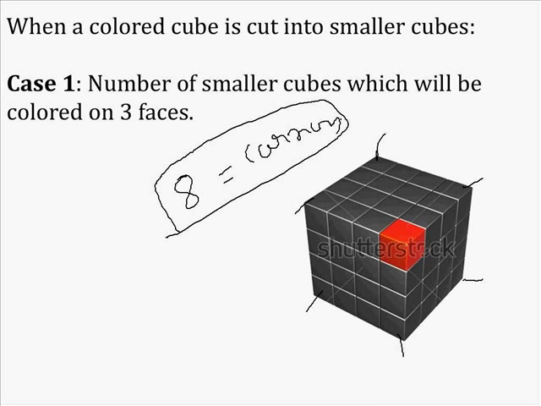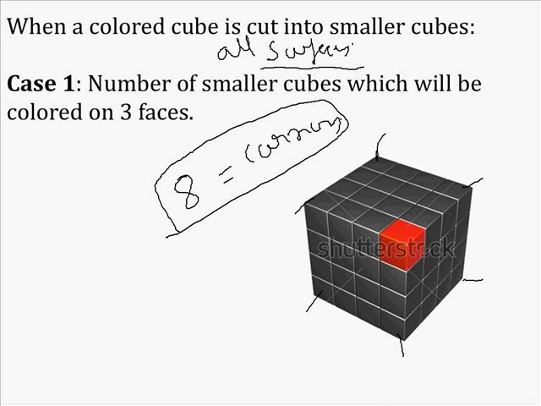So these are all 8 corners. But the point to be noted is that it has to be colored on all surfaces. When it is colored on all surfaces, then only it is all 8. Otherwise, we got to go to corners.